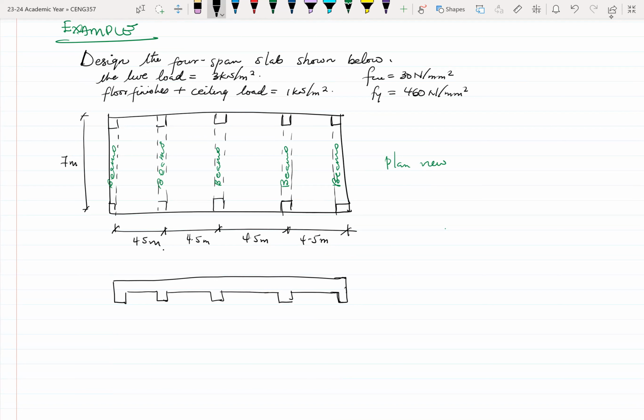Basically, whatever you are seeing, there's the elevation, and above is the plan. All right, great. Since this is a continuous beam, let's look at our solution.